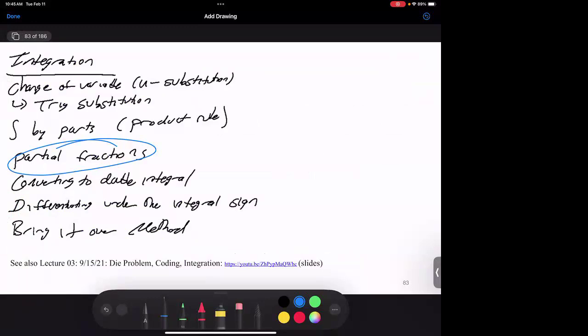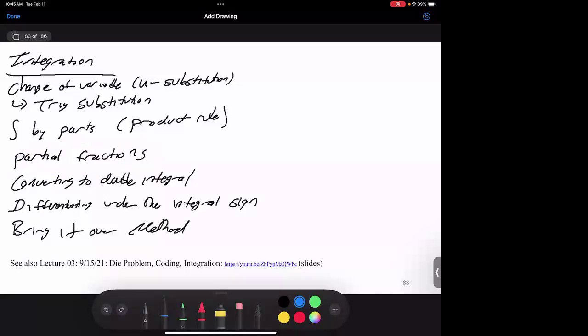So I'm not going to try to give you difficult technical problems in calculus. It's good to know how to do stuff like this. But again, the goal of this class is to use these to do various things. So some of the key methods are change of variables or U substitution, trig substitution, integration by parts or the product rule, partial fractions, converting to a double integral.